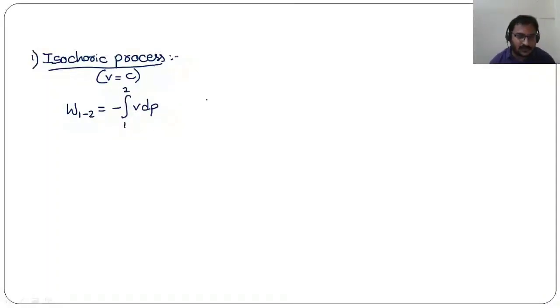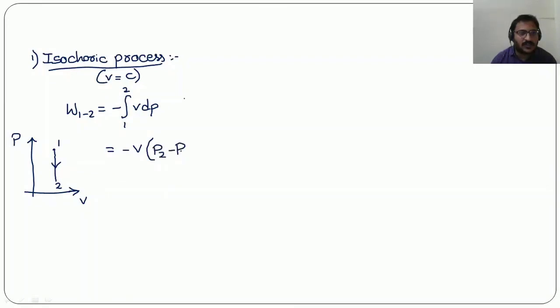I am telling only for expansion. And when we have taken isochoric process, let me draw the PV diagram here. Isochoric process means volume remains constant. We will be drawing a vertical line 1 to 2 like this. And when volume is constant, you can bring it outside. V into P2 minus P1 you will get. So this will be V into P1 minus P2.